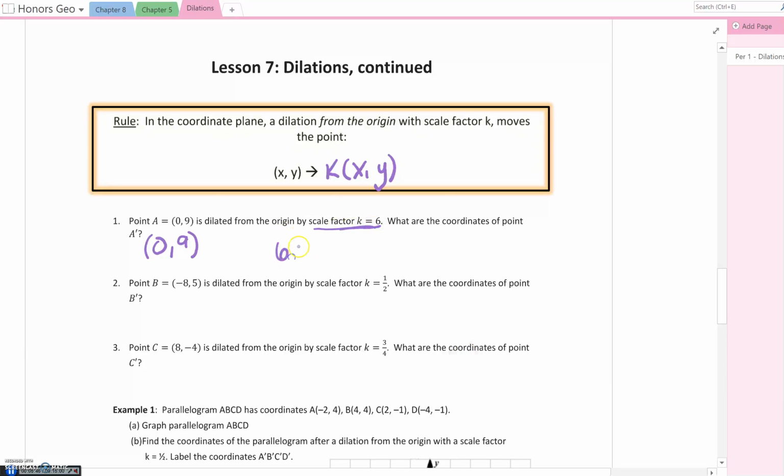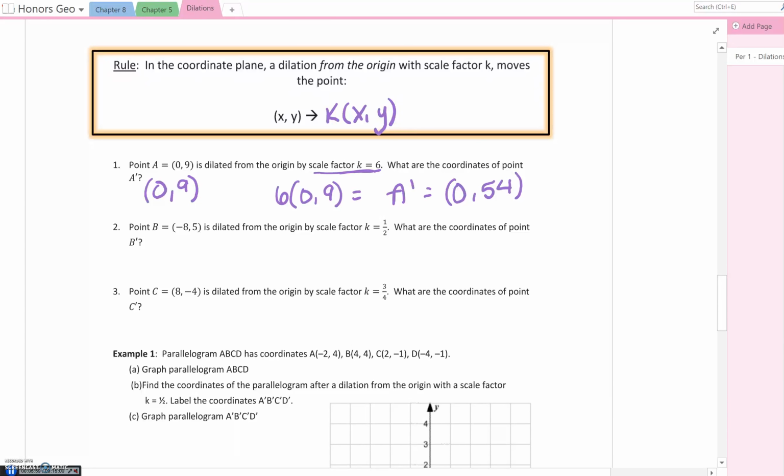So I just take 6 and multiply it times (0, 9), and the new point A' is located at (0, 54). Okay? Same thing, point B, (-8, 5). It's dilated with a scale factor of 1/2. So B' is equal to (-4, 2.5).